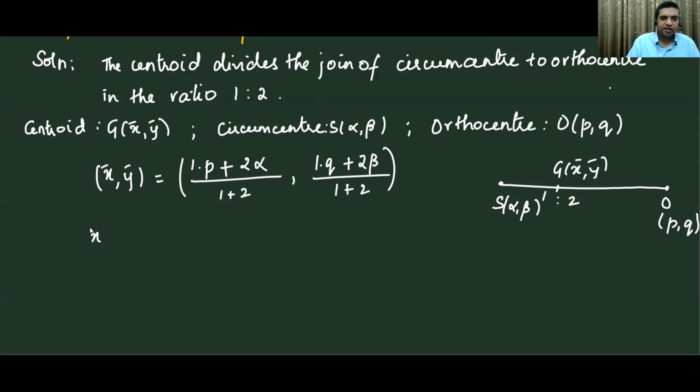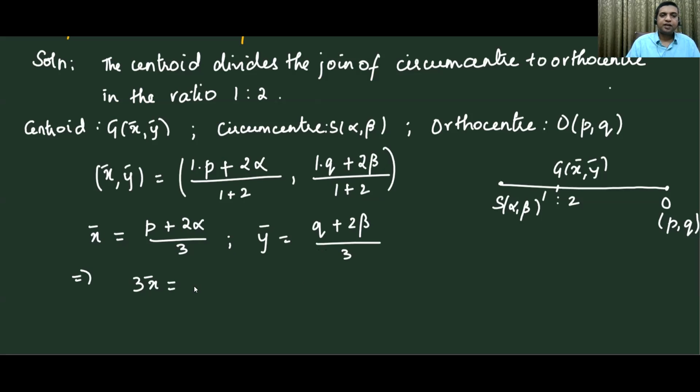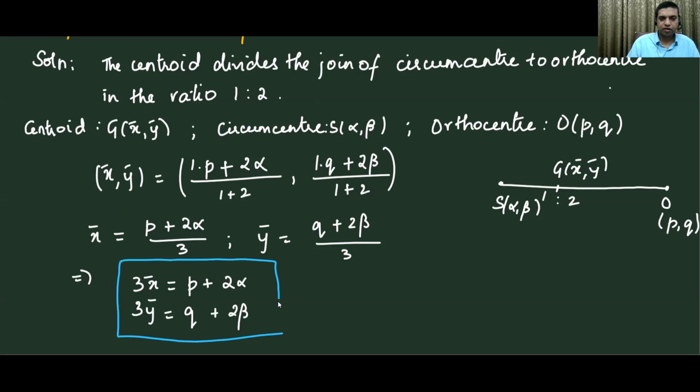So x bar is p plus 2 alpha by 3 and y bar is q plus 2 beta by 3. So the relationships between the coordinates are 3x bar is equal to p plus 2 alpha and 3y bar is equal to q plus 2 beta. So this is the required relationship.